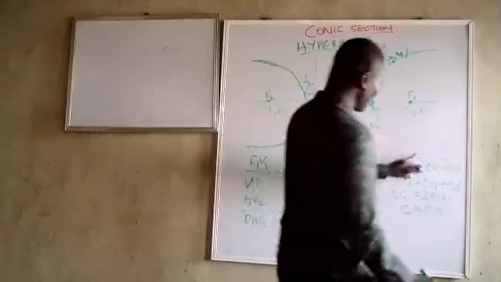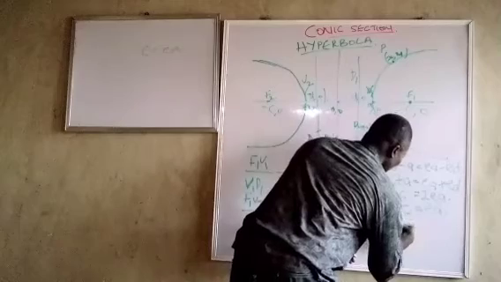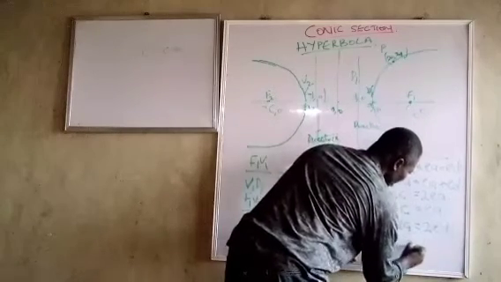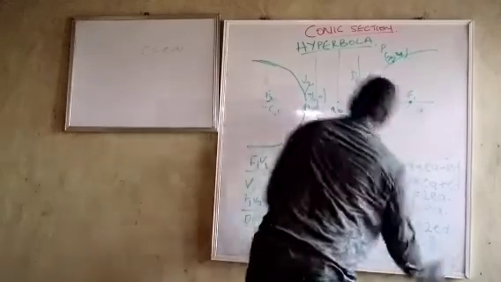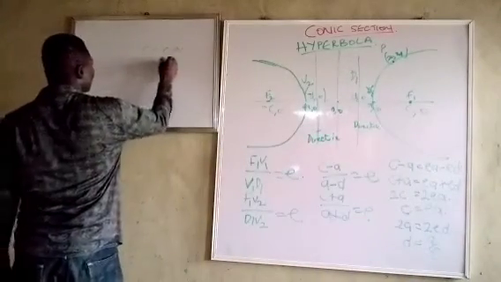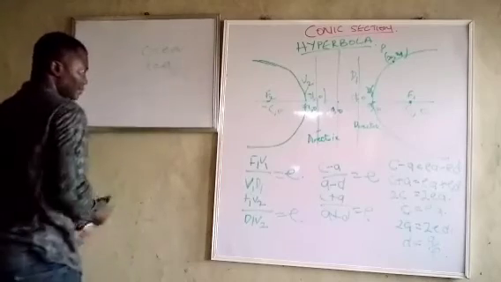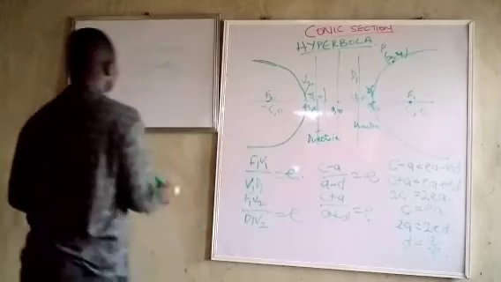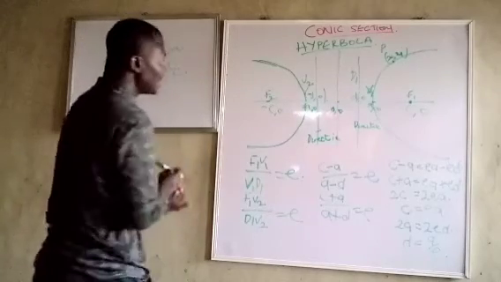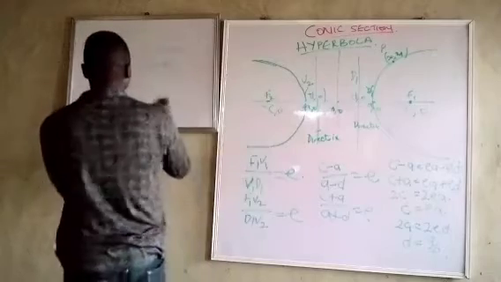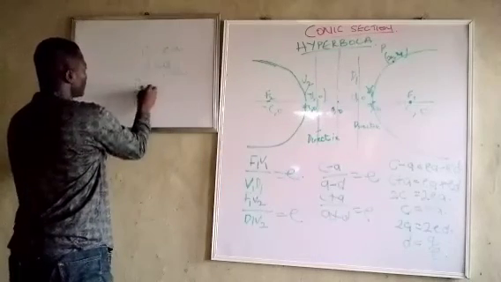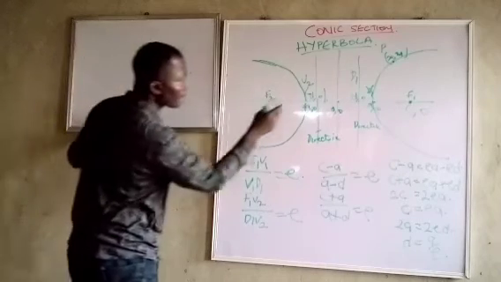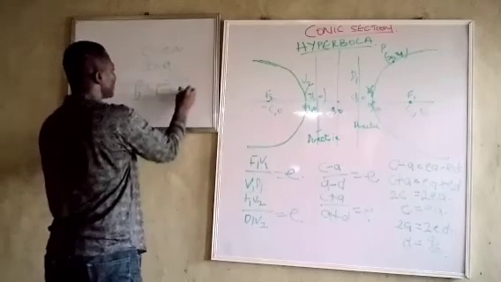Also, let's subtract the first equation from the second one. We are going to have 2a equal to 2ed. So d will be equal to a over e. Now, just like the other one, being that c is greater than a, our b squared will be equal to c squared minus a squared.